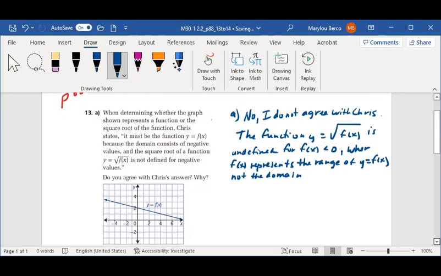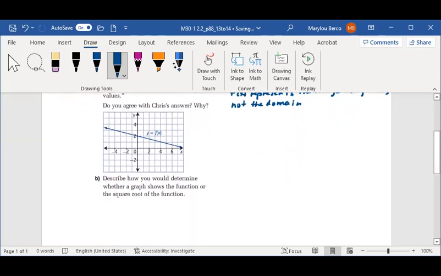Okay, for B, describe how you would determine whether a graph shows the function or the square root of a function. Basically, check for points below the x-axis.